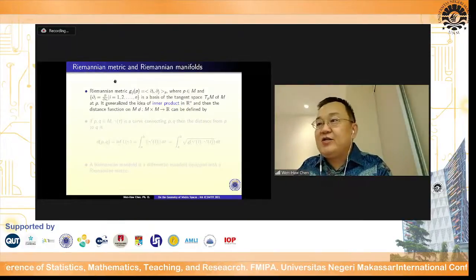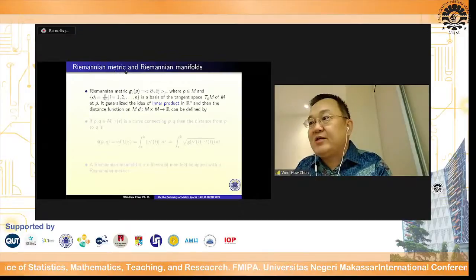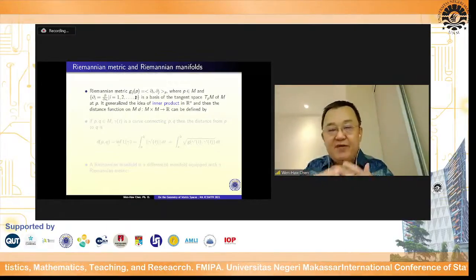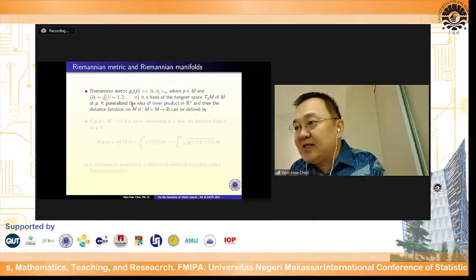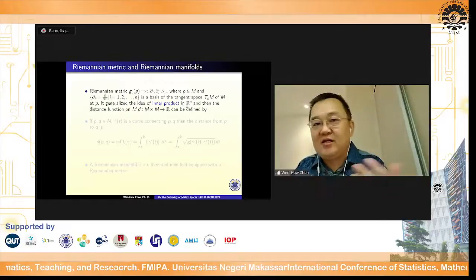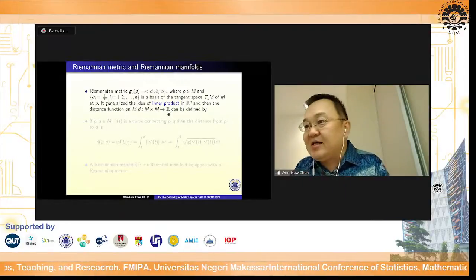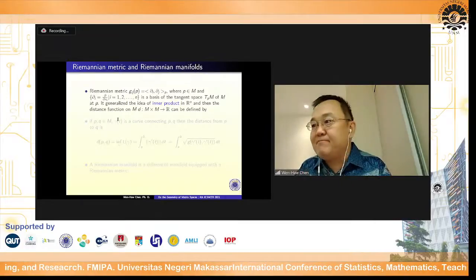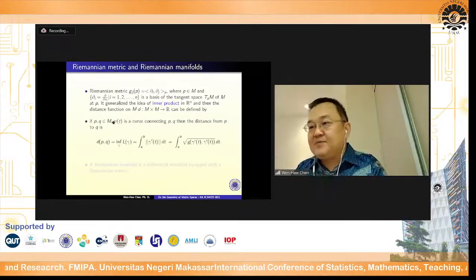Okay, and then we introduce the Riemannian metric and the Riemannian manifold. The Riemannian metric generalizes the idea of inner product in Euclidean space, and then the distance function on a manifold can be defined by this.